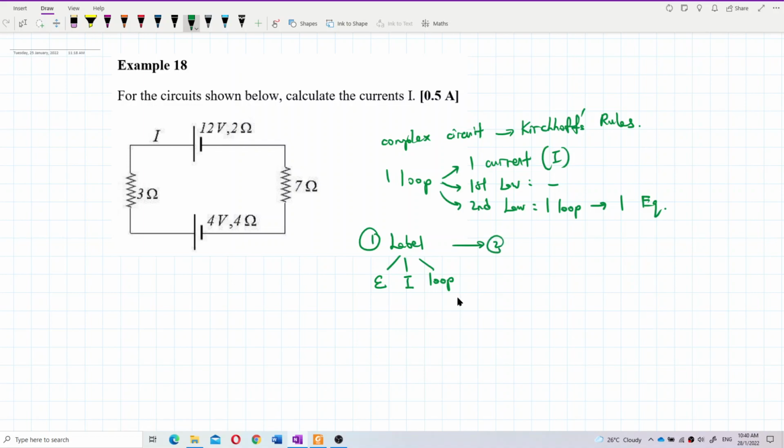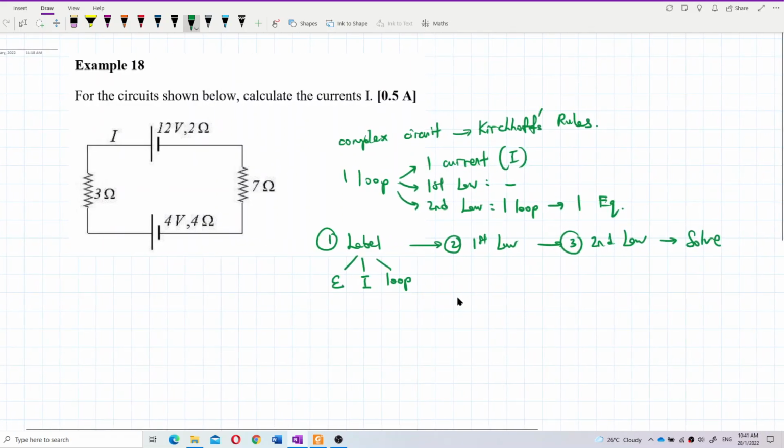And then you apply the first law, then apply the second law, then only you solve the equations. But this question is only one loop, so there's no first law because there's no junction. After we label, we go straight to building the equation for the second law.